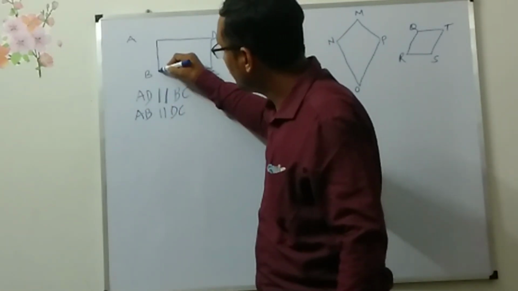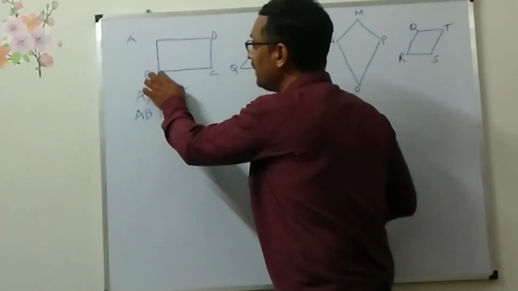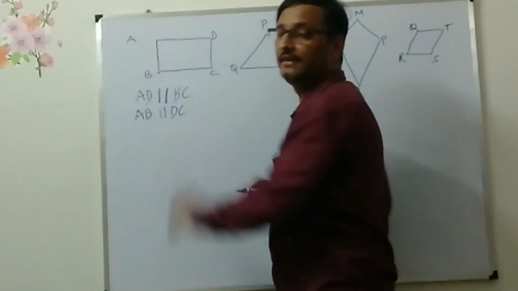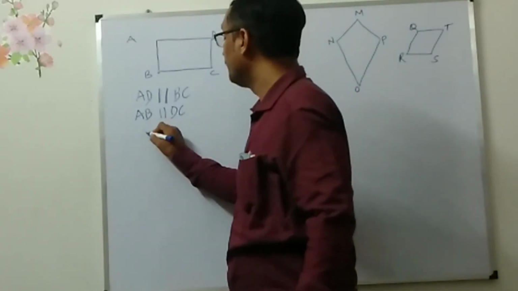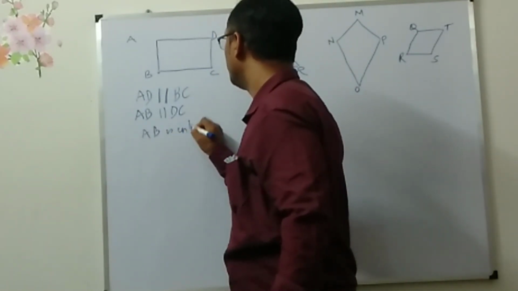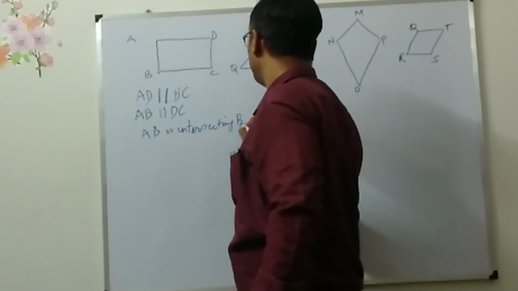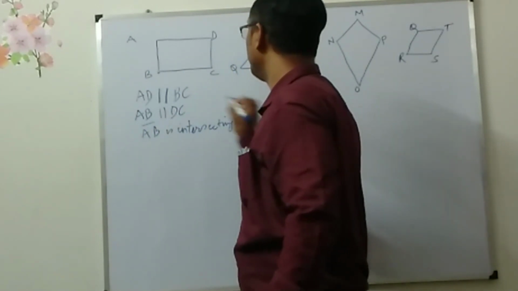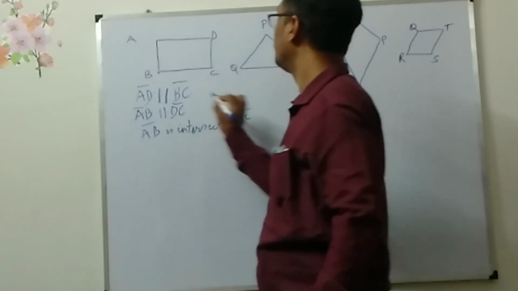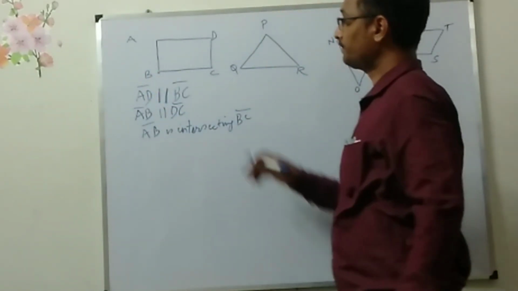In AB, this is the common point. B is the common point between AB and BC. So AB is intersecting BC. They are having one common point.